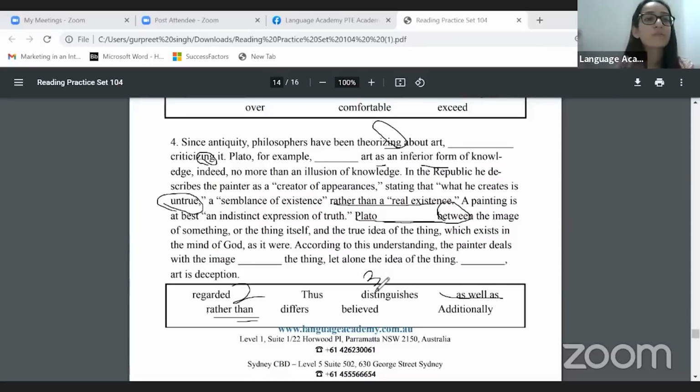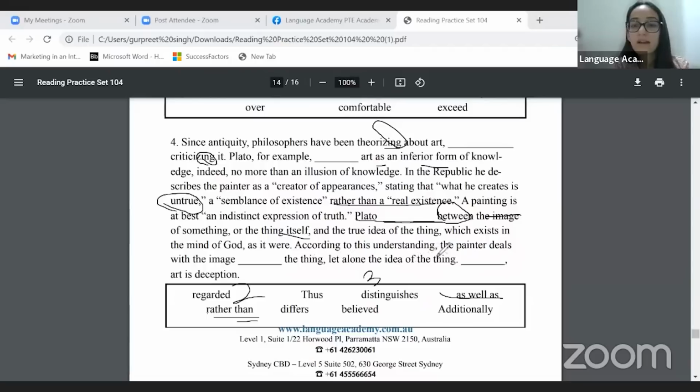One thing differs from the other thing. Distinguishes comes when both the things are written after the blank. This is a very good way of writing. There's a very small difference between the words differ and distinguishes. Differs from, distinguishes, 1 and 2 both are given after the blank. So Plato distinguishes between this one thing and the two thing.